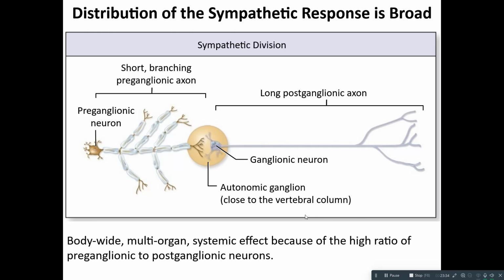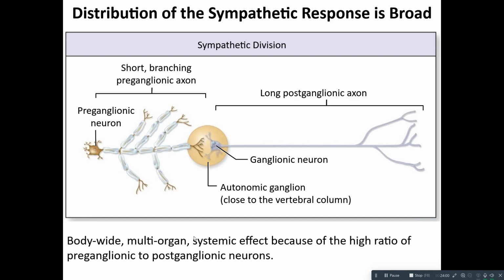Now, in terms of the sympathetic response, we have to realize it is broad. And what that means is it is usually multiple organs turning on at the same time, which makes sense. If I'm in a fight or flight situation, I want to get all my organs in that ready state. And so it's a body-wide, multi-organ systemic effect of the sympathetic response. And there's two reasons.